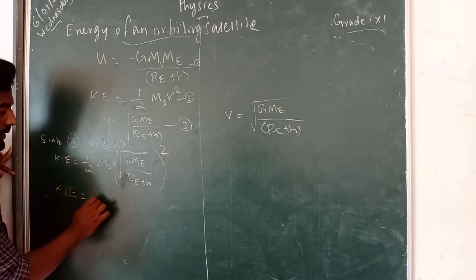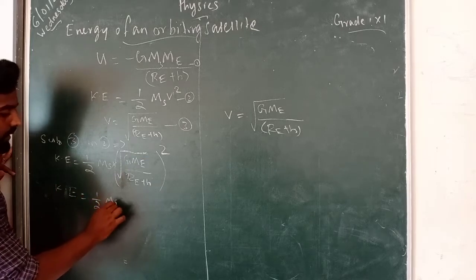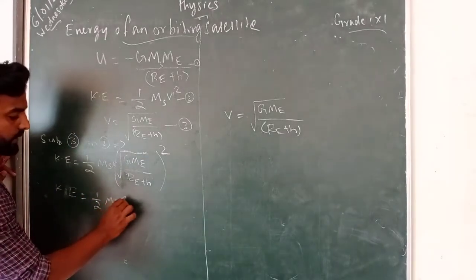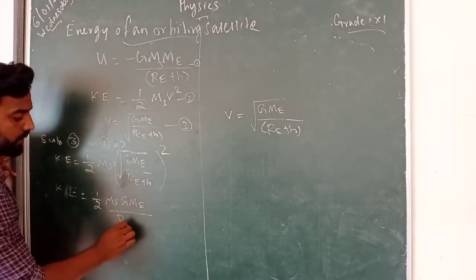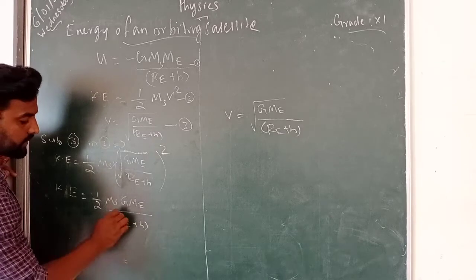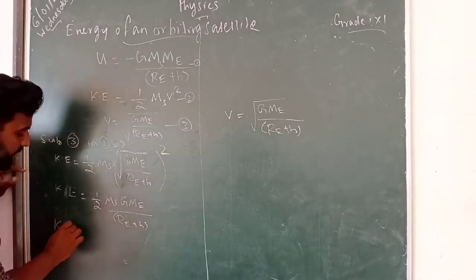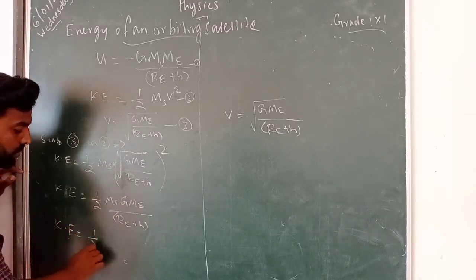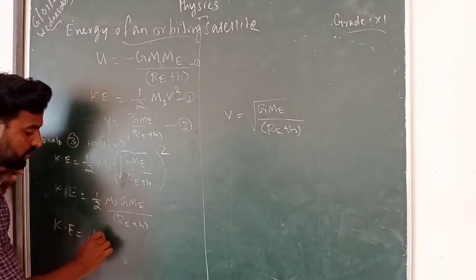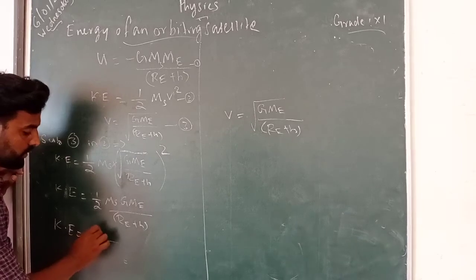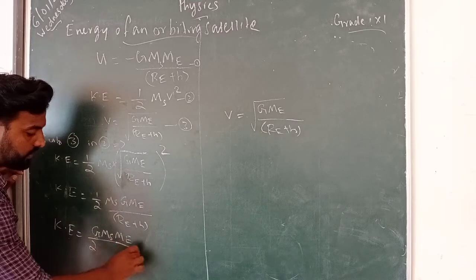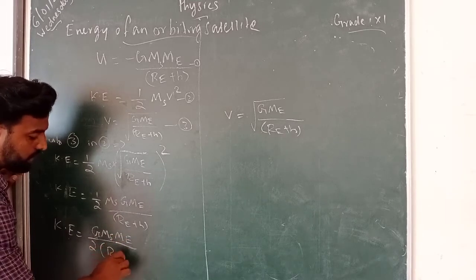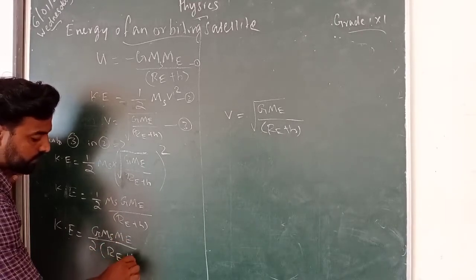So we can write half m_s G M_e by R_e plus H. This equation we can write as kinetic energy is equal to 1 by 2 G, rearranged, m_s M_e by 2 into R_e plus H.